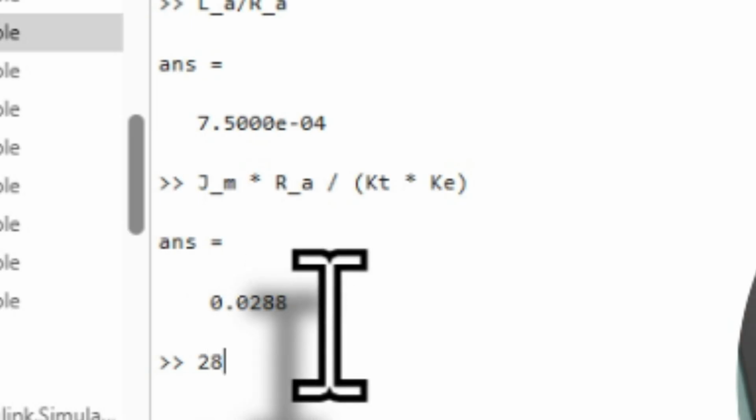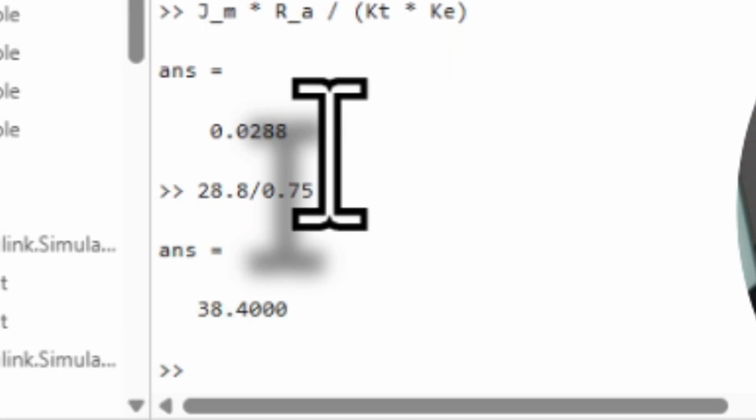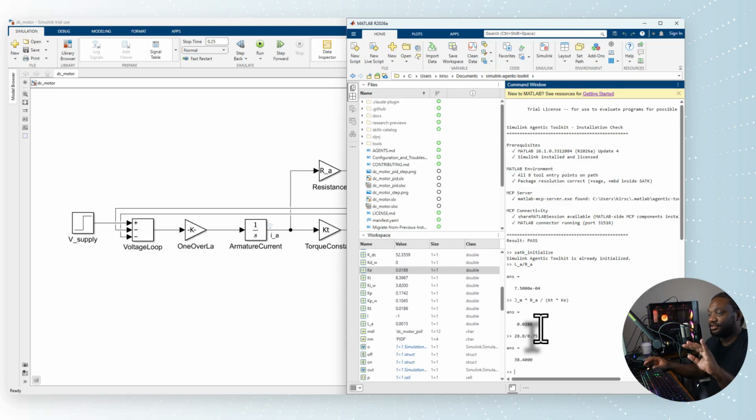So 28.8 divided by 0.75 milli, that's a factor of 38.4 difference. That makes sense. If these numbers were flipped, as in the rotor had a much shorter time constant than the electrical side, we know we'd have a problem. The fact that this works out, the mechanical time constant being 38.4 times higher, means the physics checks out.